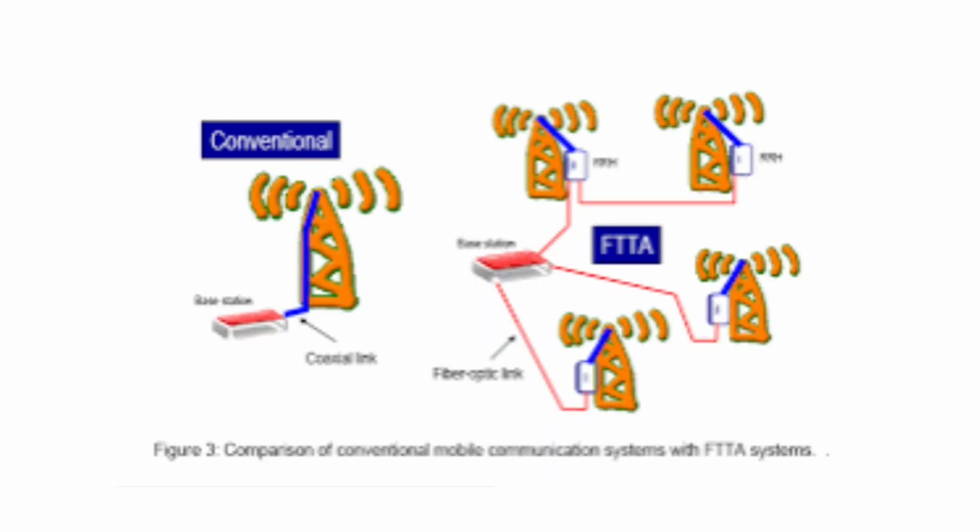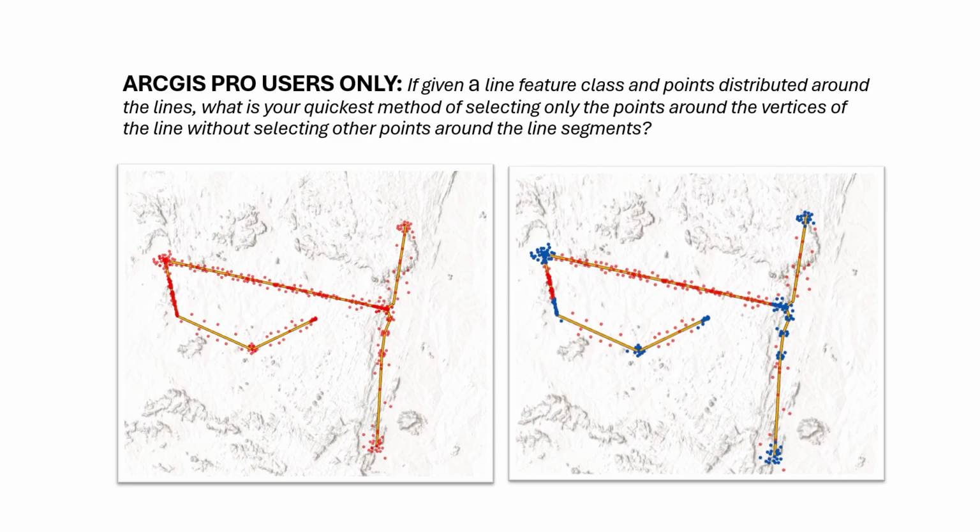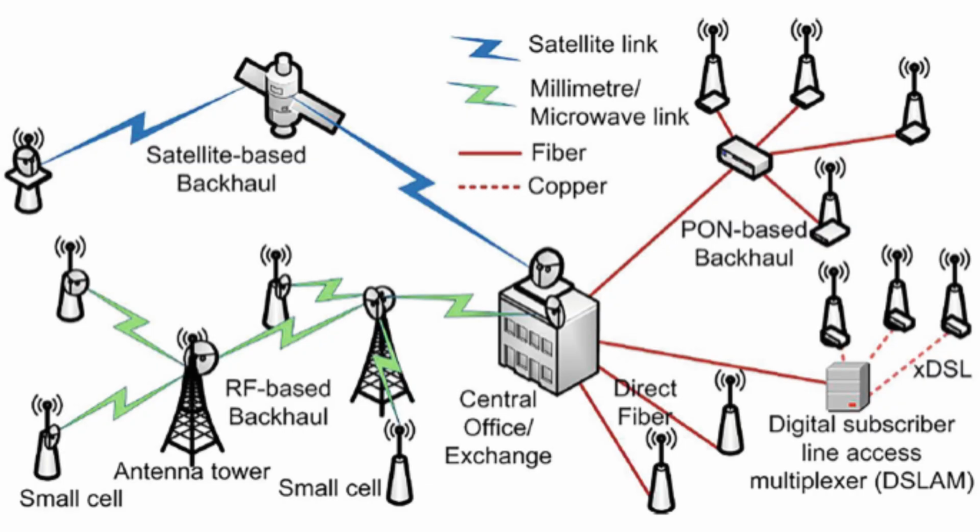Another one is base stations and microwave links, where a microwave link is the means of backhauling the base stations. And so base stations can either be backhauled through fiber, microwave links, or maybe satellites. So the base stations are distributed, and I want to be able to identify those base stations that are backhauled using microwave links.